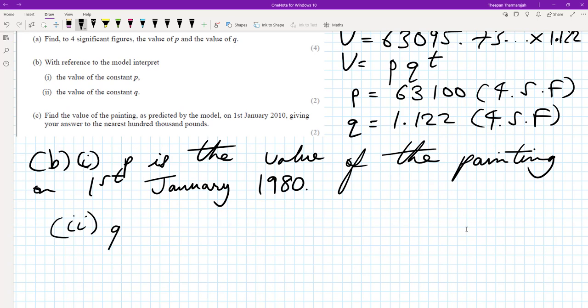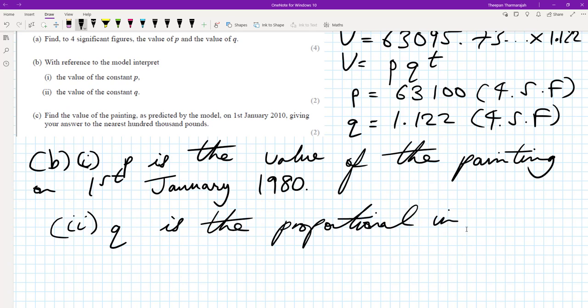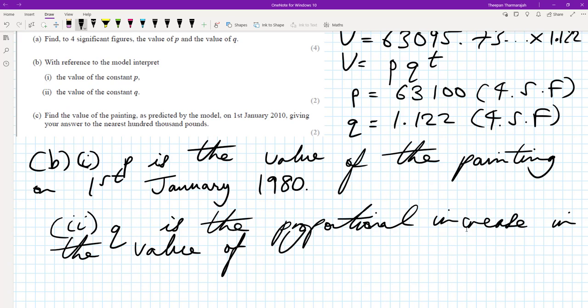And that q is the proportional increase in the value of the painting each year.